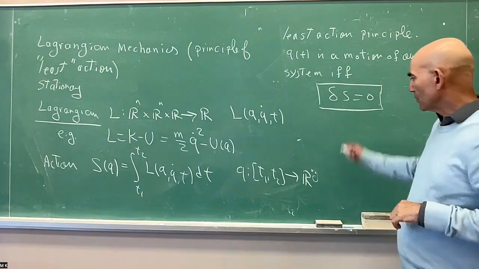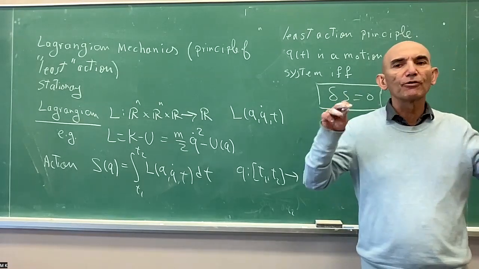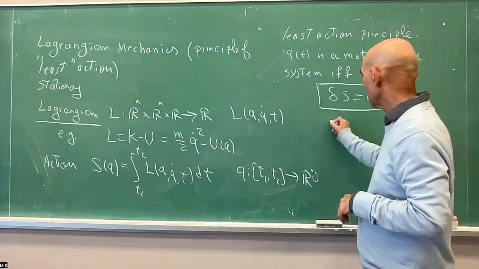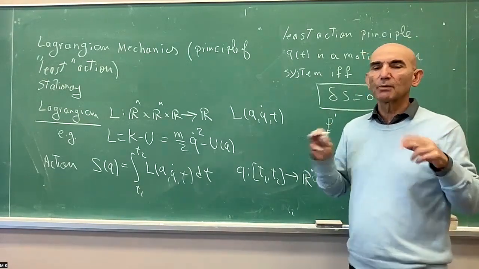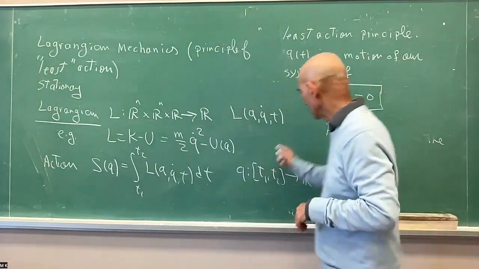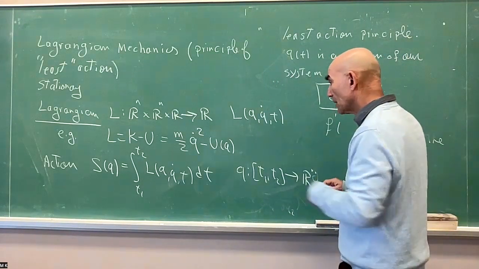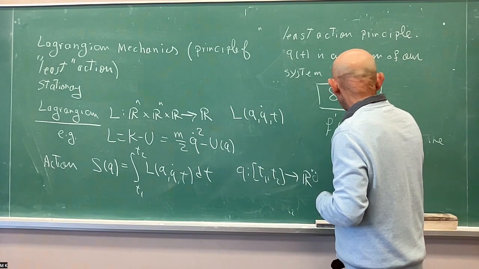What does this mean? You're supposed to think of it as the derivative of a functional equal to 0. That's really what it means. So you should think of it as the derivative of some complicated function being equal to 0, like f prime of x equals 0.